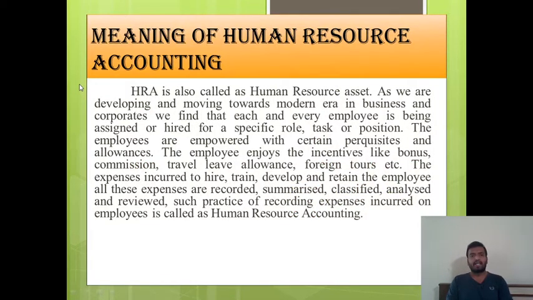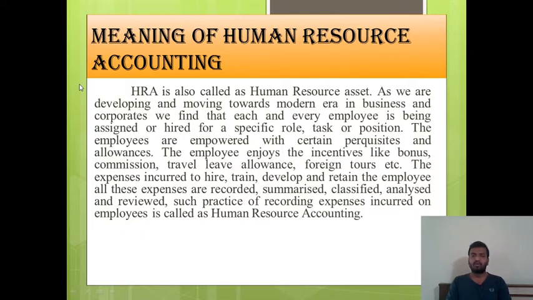So here we have the meaning of human resource accounting. Friends, the word accounting itself says that there will be some kind of calculations. Then when we are considering humans, do we consider them as an asset?